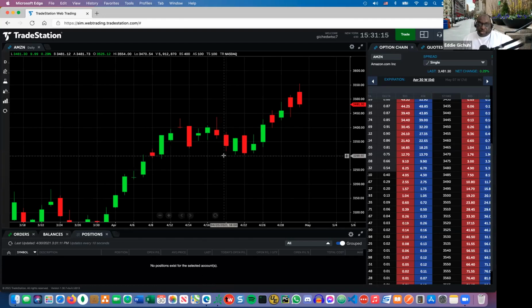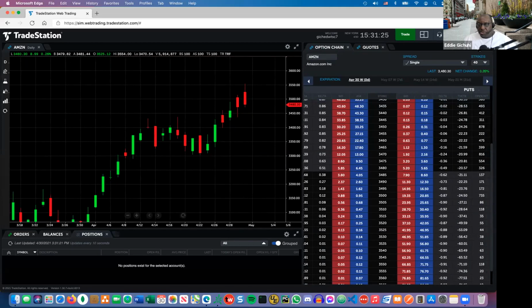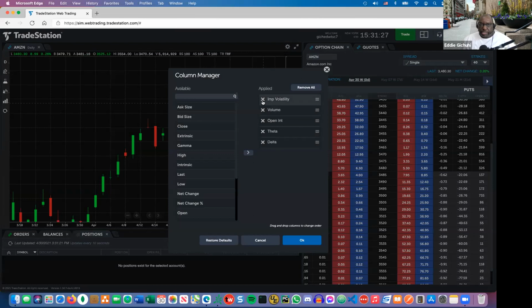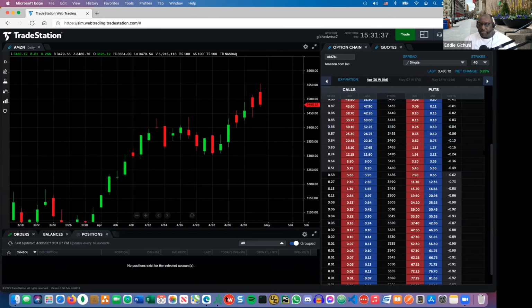So let's talk about verticals, right? Now, I want to buy. I'm in the option chain for Amazon here, and by the way, I'm going to get implied volatility out, volume, open interest, theta, and I'm just going to leave delta on that option chain so that we can at least see something.